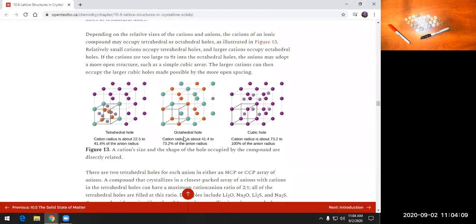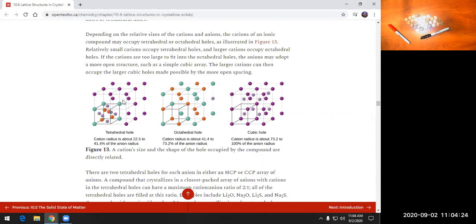Okay, so what we mean by an octahedral hole or a tetrahedral hole is how many closest neighbors there would be to the center of that hole.